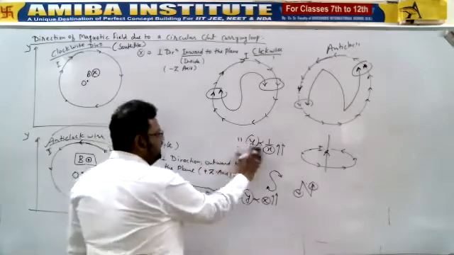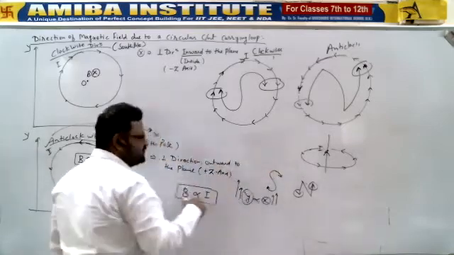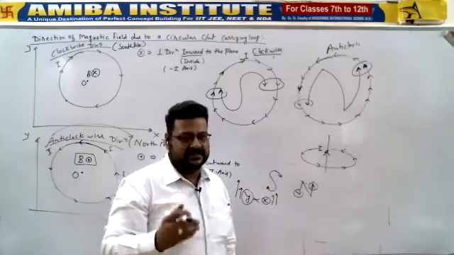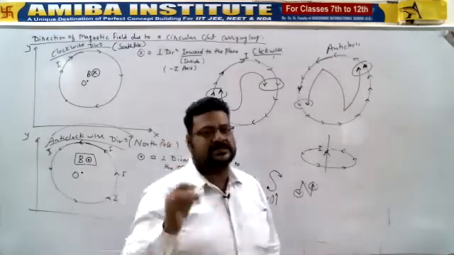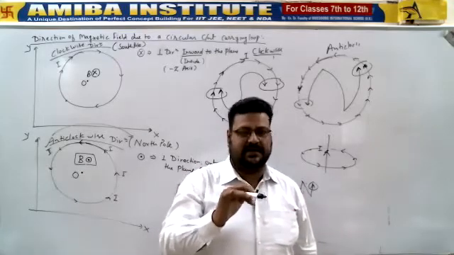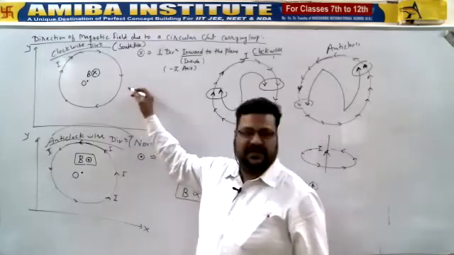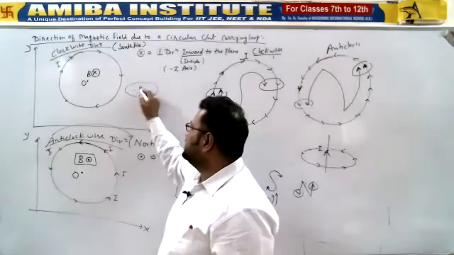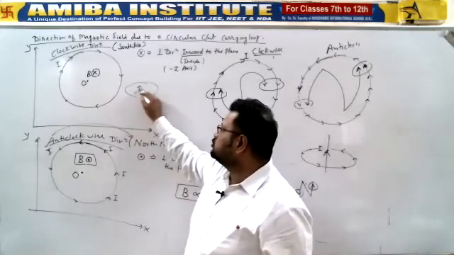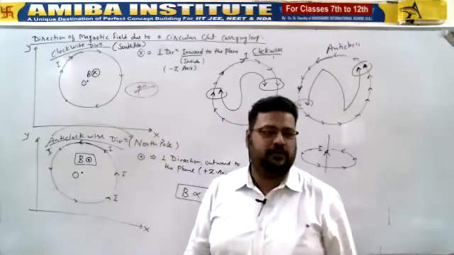So remember, whenever current increases, it is found practically that the strength of magnetic field increases. How can we check it? By placing a magnetic needle near to it. If we place a magnetic needle near it and increase the current flowing in it, it will show more deflection as compared to the previous one.